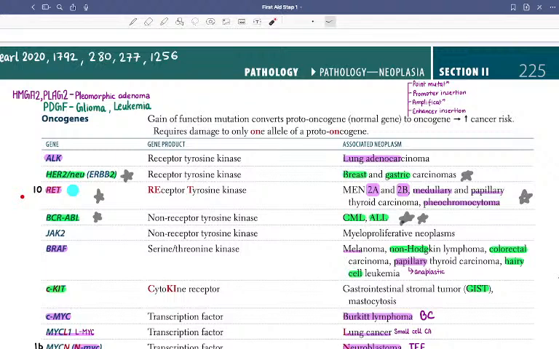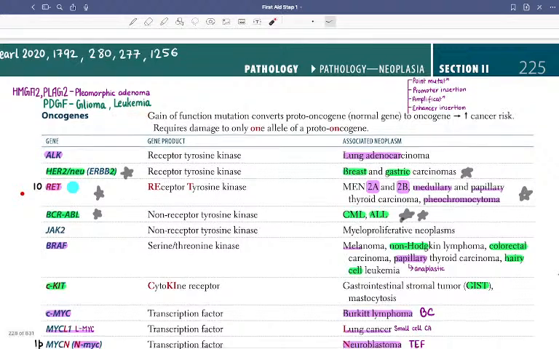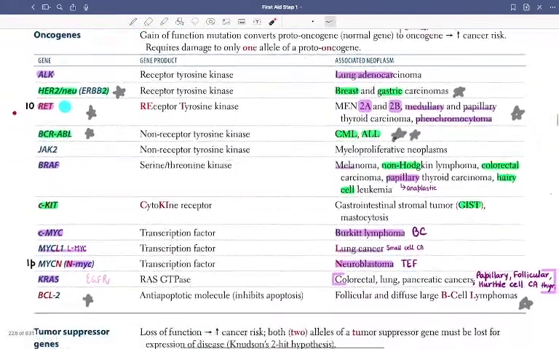For proto-oncogenes, damage to one allele is required. Now let's go ahead and see. HMGA2 PLAG1, pleomorphic adenoma. PDGF, glioma, leukemia. ALK receptor tyrosine kinase, lung adenocarcinoma.